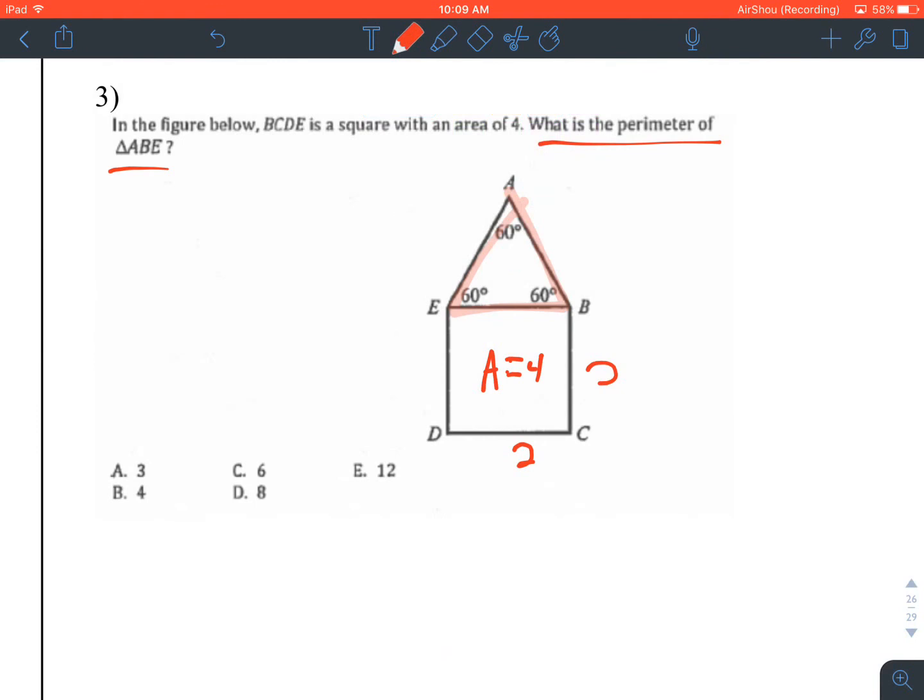If this is a square, all these sides are 2. Since each of these angles are 60, it makes this an equilateral triangle, which means all the sides are the same length. It was in a separate lesson that we talked about equilateral triangles. If all the angles are the same, all the sides have to be the same. So the perimeter of the triangle is 2 plus 2 plus 2, which is 6.